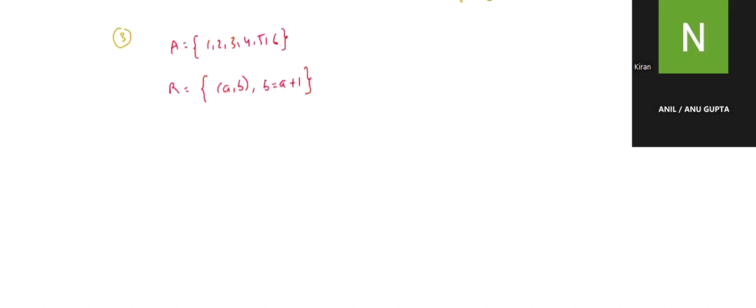Okay, for reflexive, (a, a) should belong to R. First, can you write this relation in roster form?